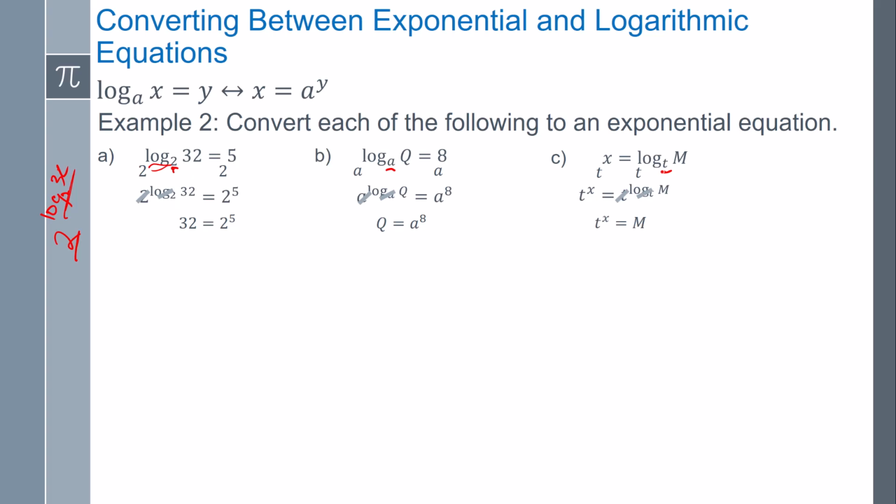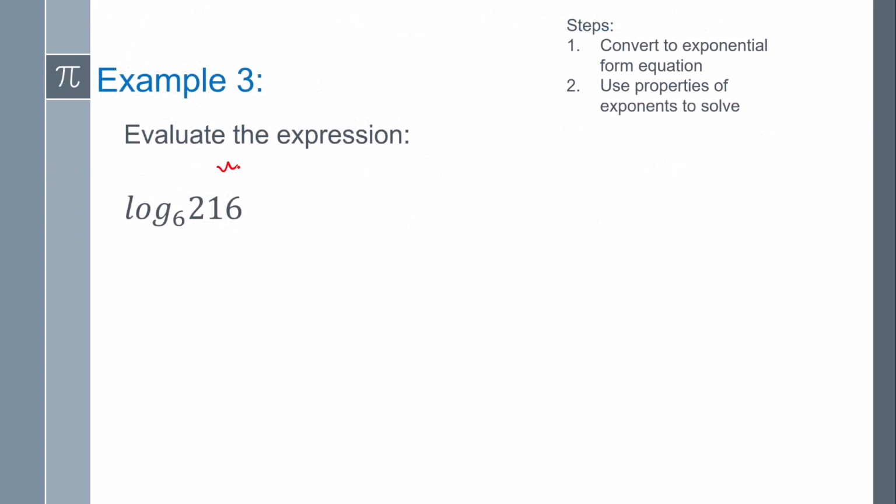So why did we need to know how to convert between exponential and logarithmic equations? Well, initially we looked at log base 6 of 216 and asked, what power do I need to raise 6 to, to give me 216? I could raise 6 to the 3rd power, and I'm going to get 3. But I can convert it into an exponent as well and solve it from there.